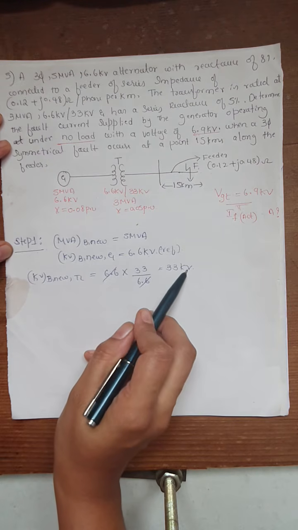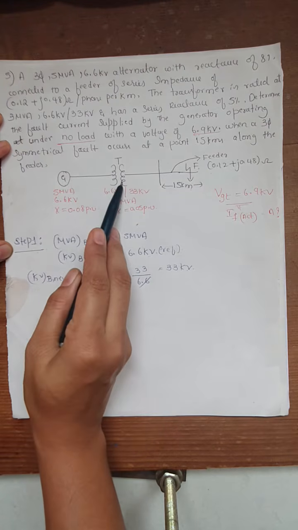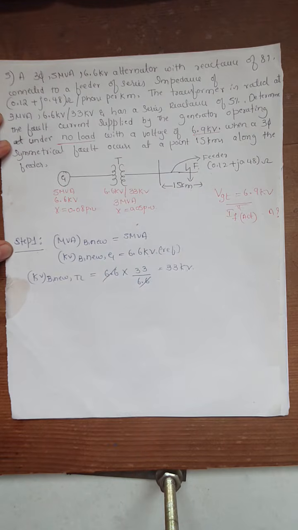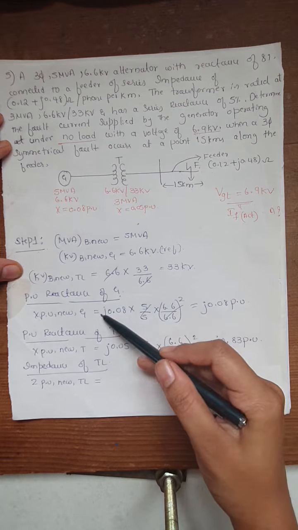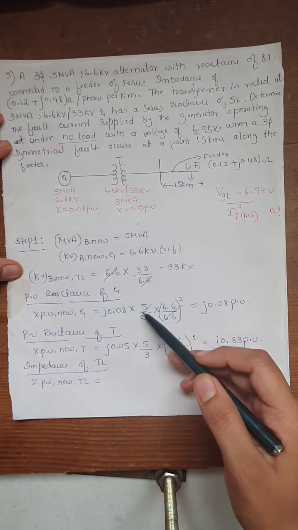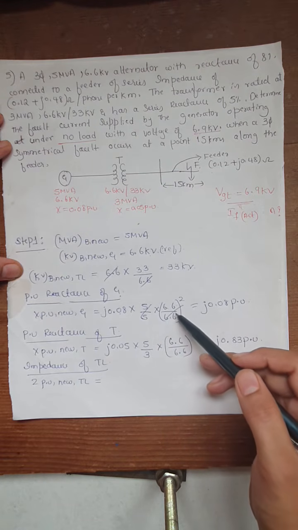Next we are going to calculate the per unit reactance for the generator and transformer, and also the impedance for the feeder. In the reactance calculation of the generator, X per unit old is 0.08, and the old and new values are the same, and the voltage is also the same for the generator.